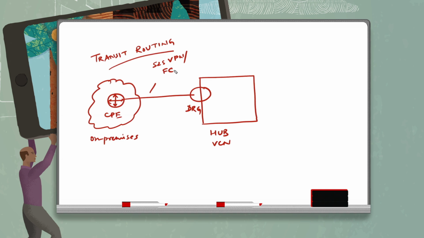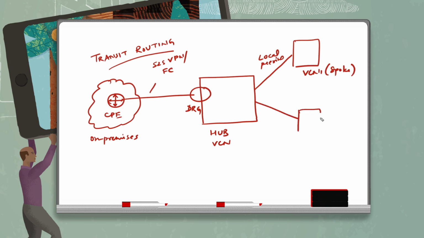So this is going to be your site-to-site VPN or Fast Connect, only one this time. What you can typically do now is establish a local peering connection. So this is, let's say, VCN1, which is your spoke. Similarly, you can have another local peering connection, which is your VCN2, also a spoke.